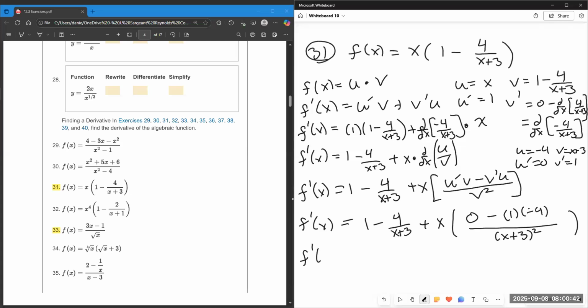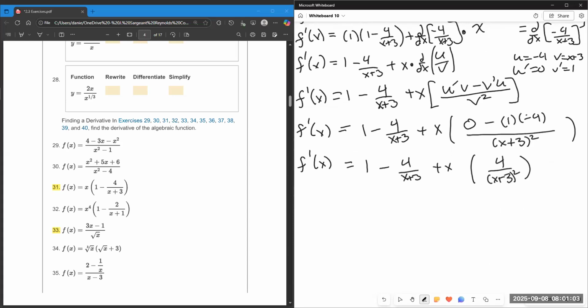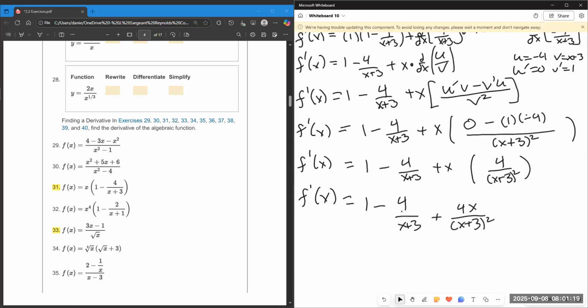So f prime of x is 1 minus 4 over x plus 3 plus x times 4 over x plus 3 quantity squared. Simplify that one more step here. F prime of x is 1 minus 4 over x plus 3 plus 4x over x plus 3 quantity squared.